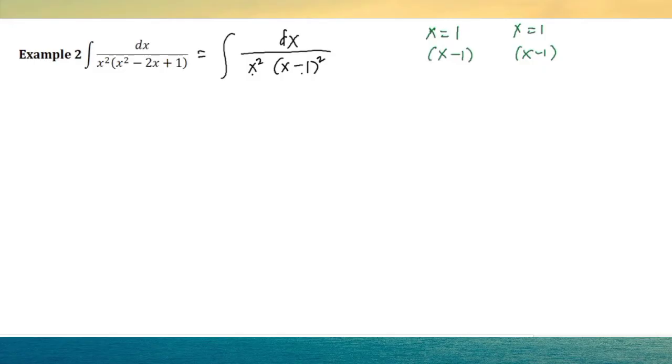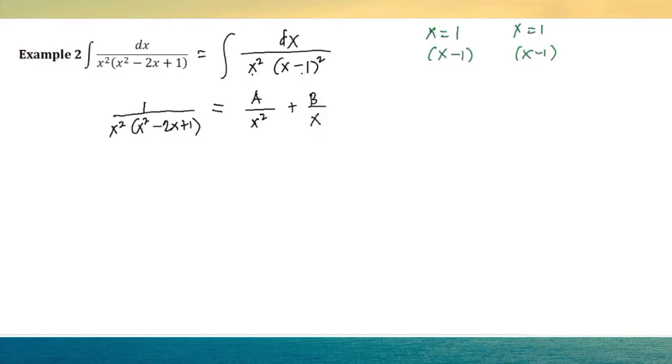And by partial fraction, so alisin lang natin yung mga integral sign, and sa left side ng equation, we would have x squared times x squared minus 2x plus 1. This is equal to a over, so yung ginagawa natin, sabi ko kanina, uunahin natin yung higher degree. So that's x squared plus b over x.